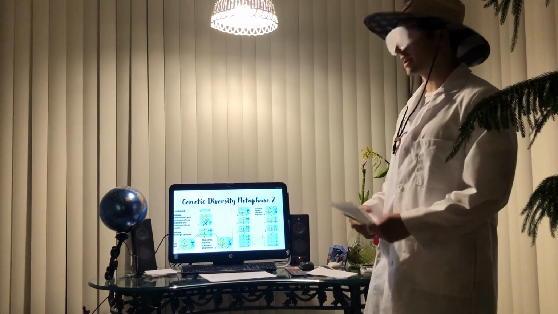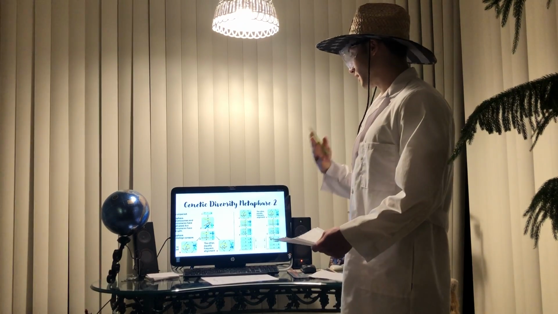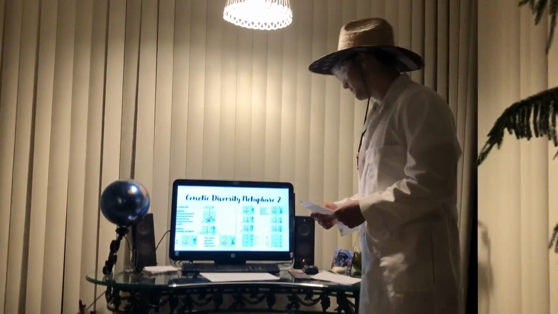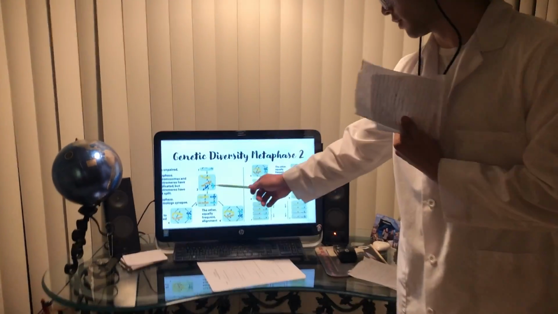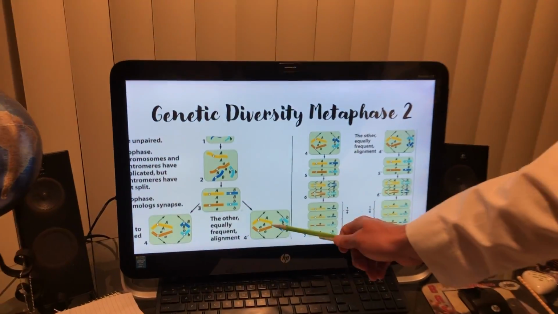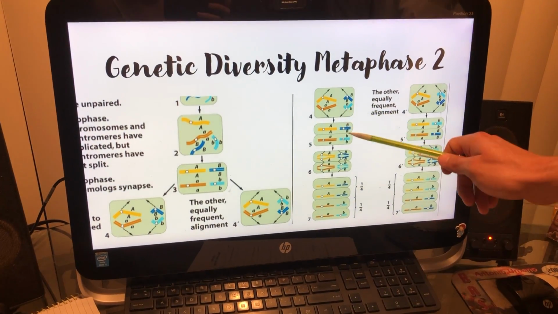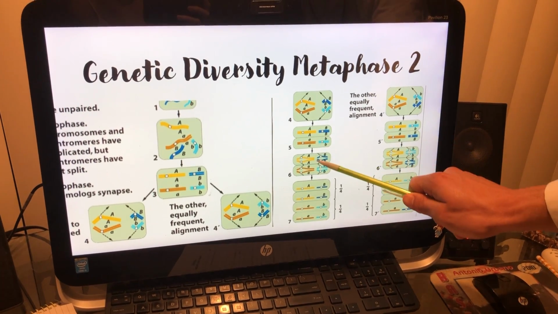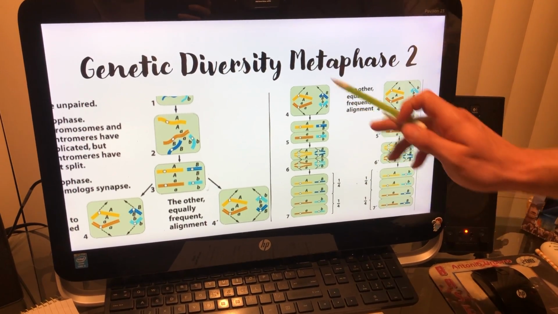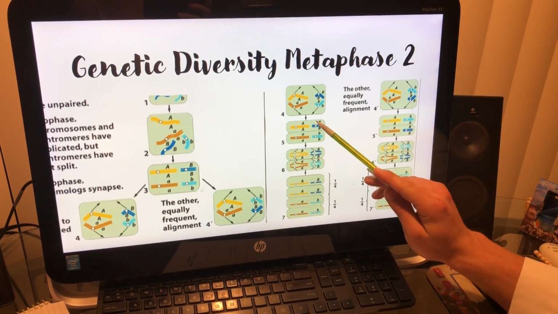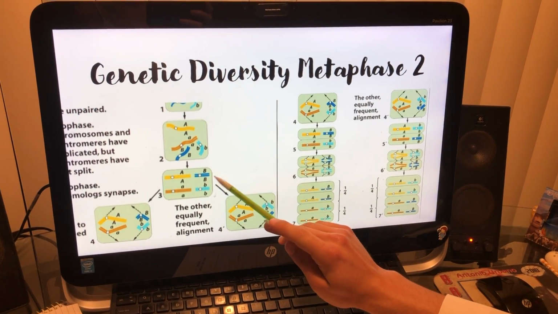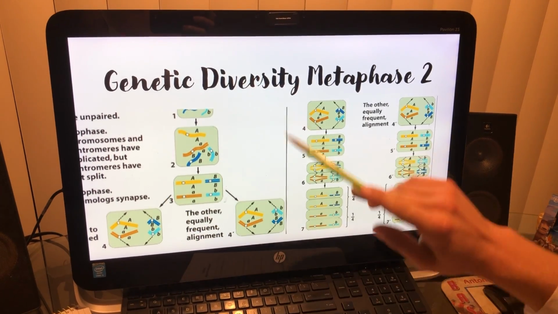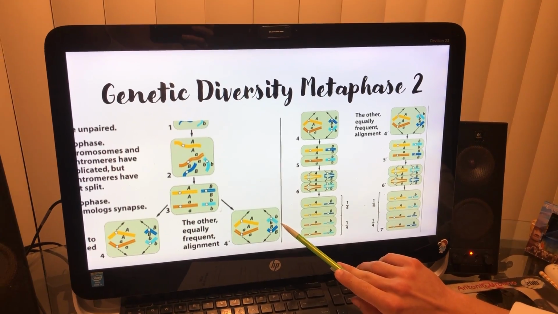And this actually happens again. Well, not the same process, but another process of genetic diversity that can happen in metaphase 2. This is the metaphase, this is the anaphase when they begin to separate, and then we come into prophase, and then metaphase, and then anaphase, and actually we can see in the metaphase 2 that at this point, right here, when it splits up, we have an option to have the dominant be on top or the recessive be over here.